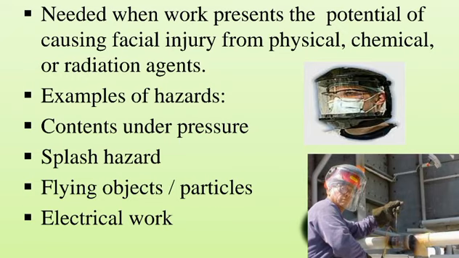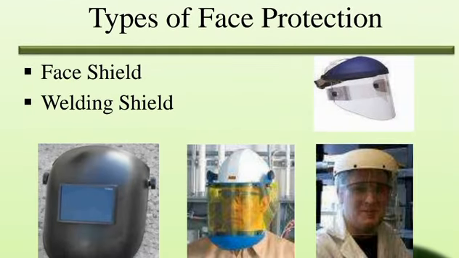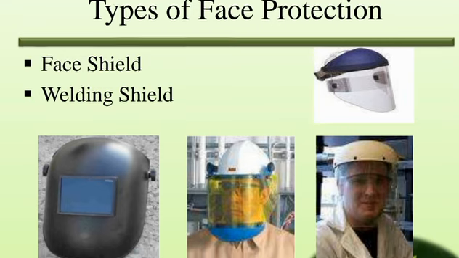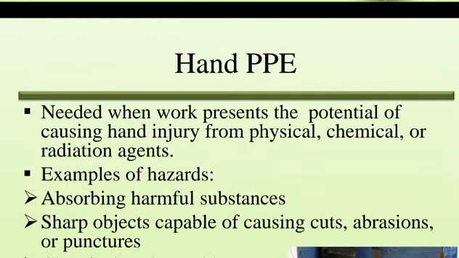Examples of hazards include splash hazards, which we already discussed while discussing eye PPE. There may be flying objects, and sometimes electrical work. These are the types of face protection: one is the face shield and one is the welding shield, and we need to wear that face protection carefully.